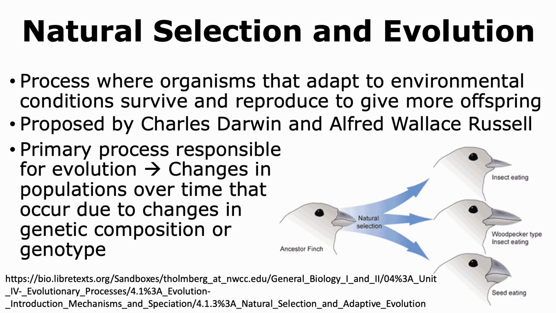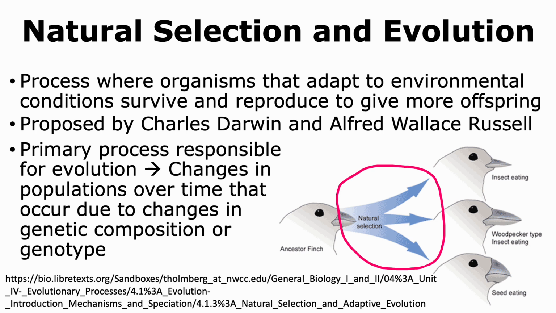For example, if we looked at an ancestral finch, which is a type of bird, then depending on the environmental pressures, like the availability of food, they could have changes in their genetic composition that allowed certain populations to have certain types of beaks.